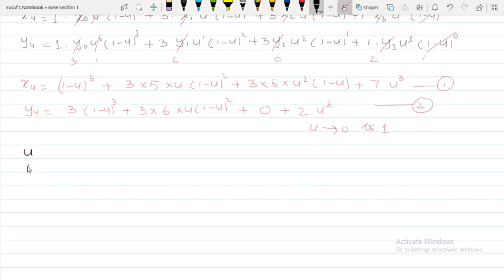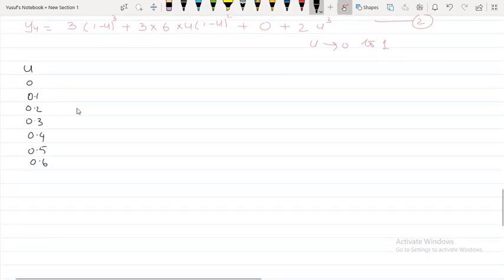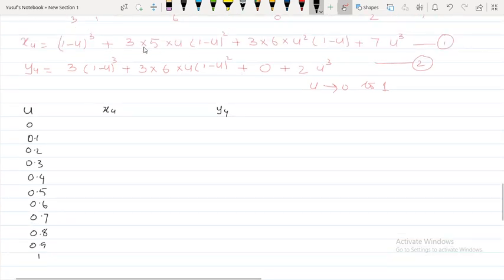The values will be 0, 0.1, 0.2, 0.3, 0.4, 0.5, 0.6, 0.7, 0.8, 0.9 and 1. These are the values of u varying from 0 to 1, and then you have to calculate x(u) and y(u) by using these two equations.